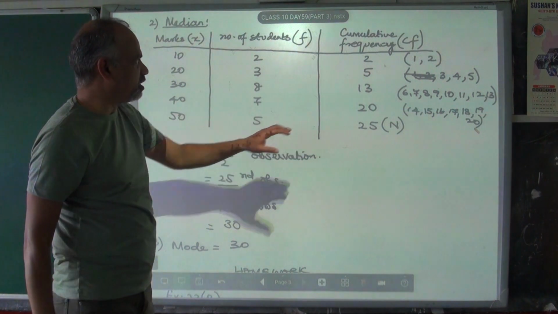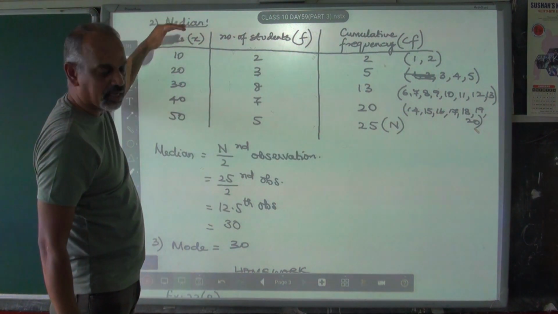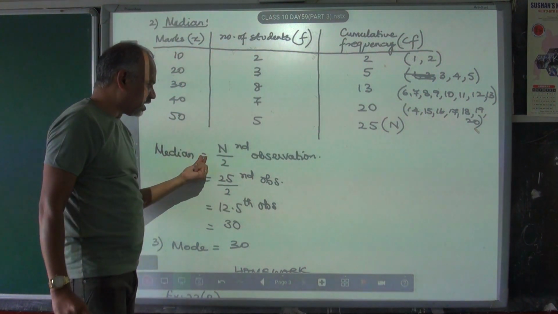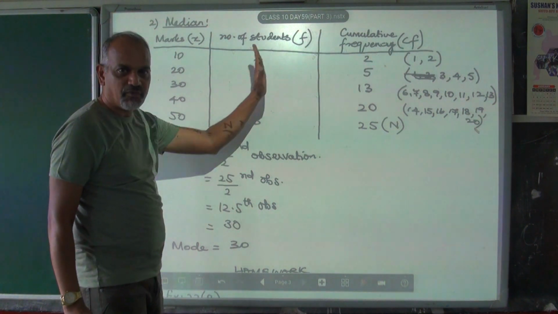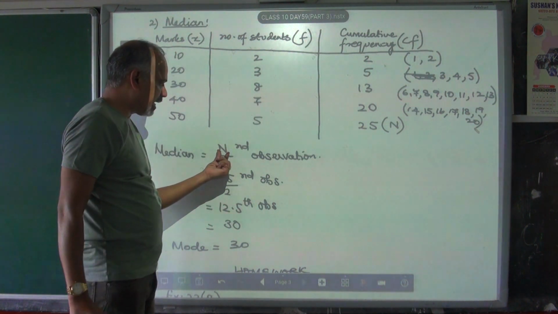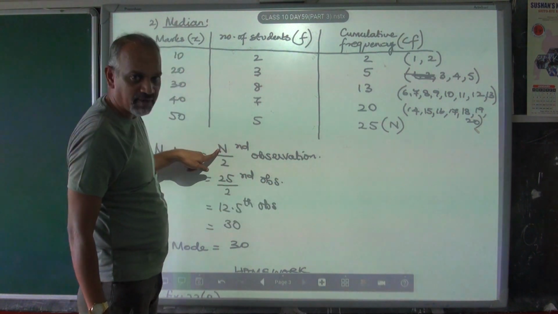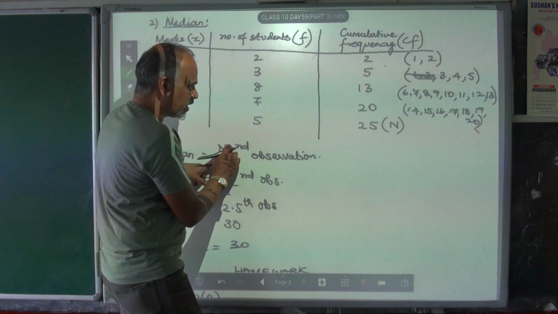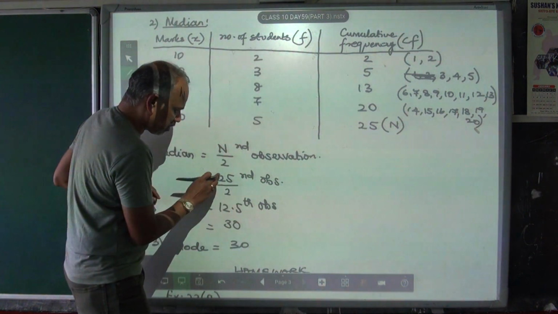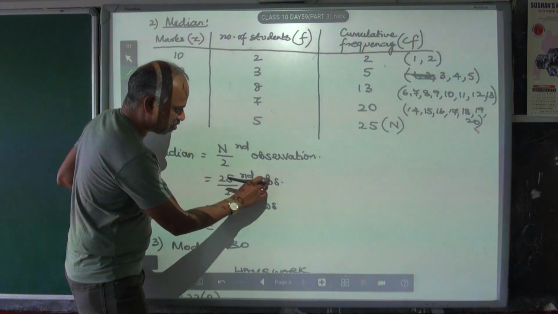Using the cumulative frequency, we are going to find the median. You know the median is halfway through, therefore the median is given as the n by 2nd observation, half of your n value. Your n value here is 25, so 25 by 2nd observation.